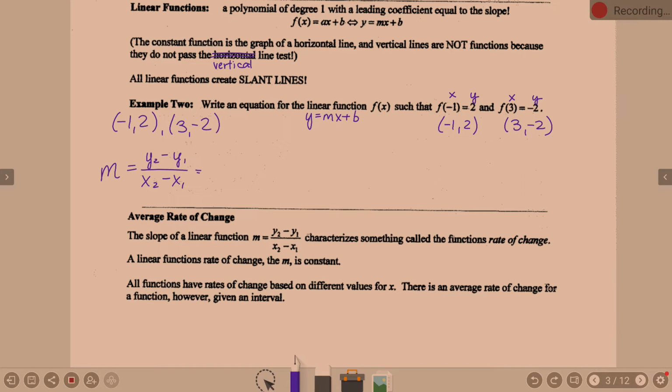That rings some bells, right? Let's see, I'm guessing you guys are going to say -2 minus 2 over 3 minus -1. That's -4 over +4. So what do we know? Slope is negative. Slope is -1.